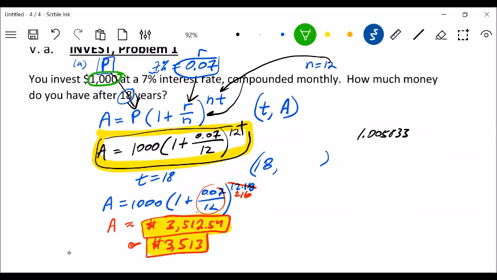You end up getting an extra $2,500 for being patient. In fact, now I'll write here 3,513, because it is like points on a graph. If I put 19, this would be a little higher. 20, it would be a little higher, and so on and so on. Every year more would give you more amount.